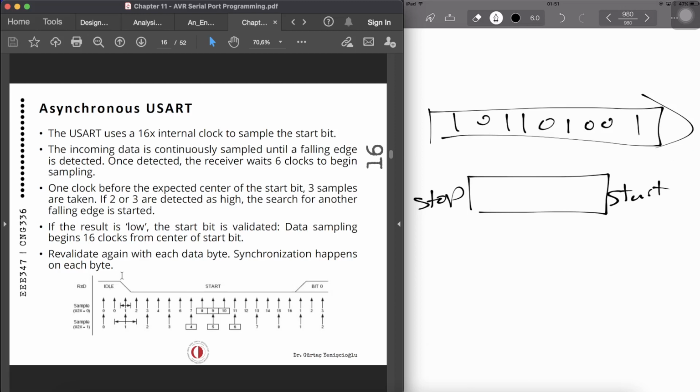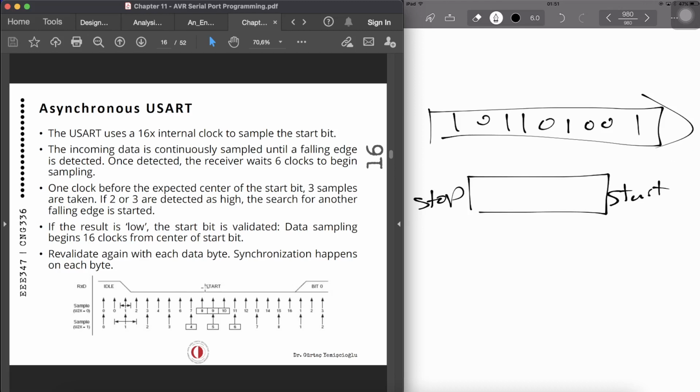Whenever it detects the falling edge, the receiver waits for 6 clock cycles, 1, 2, 3, 4, 5, 6, up until here, to begin the sampling. So that is 1 clock before the expected center of the start bit.